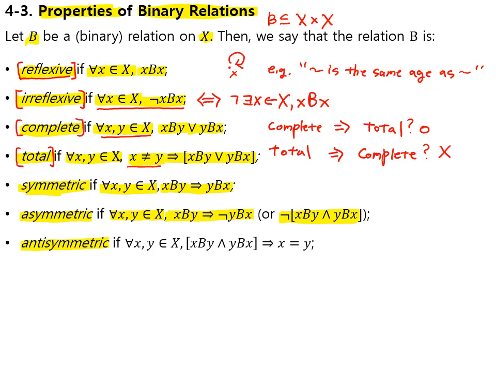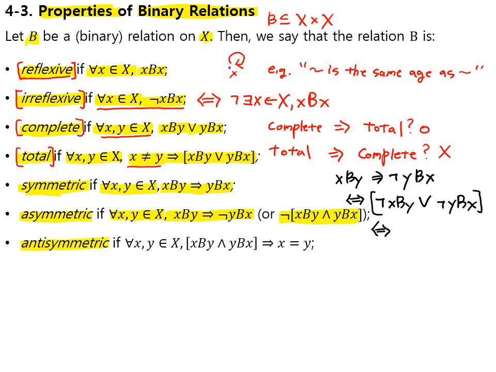So for instance, x bears the relation to y implies it is not the case that y bears the relation to x. By material implication, this is the same as not xRy, or not yRx.